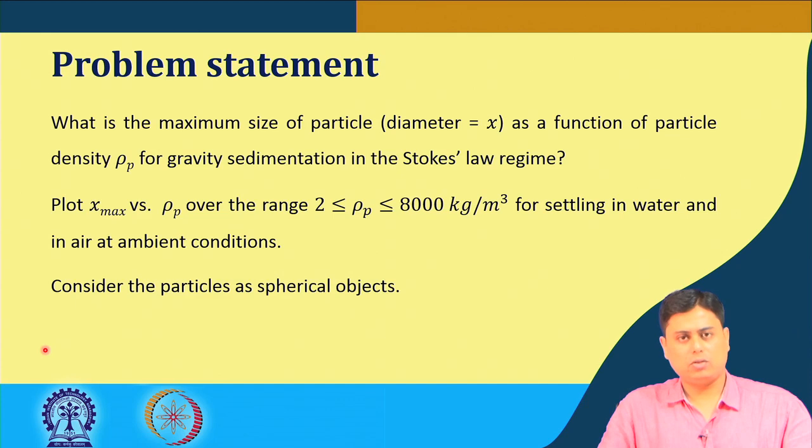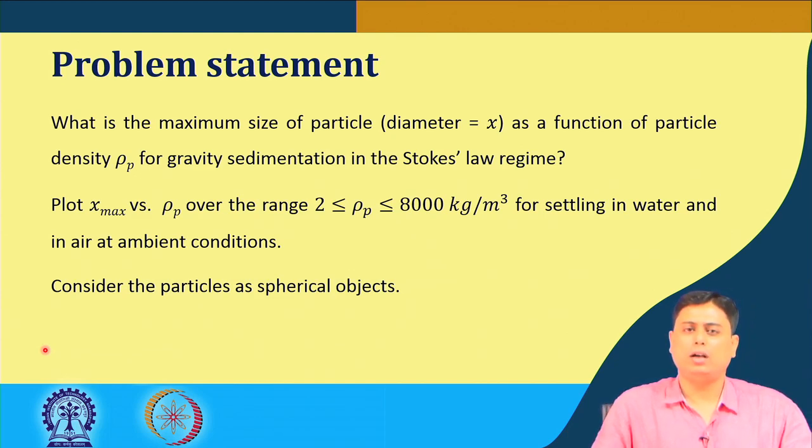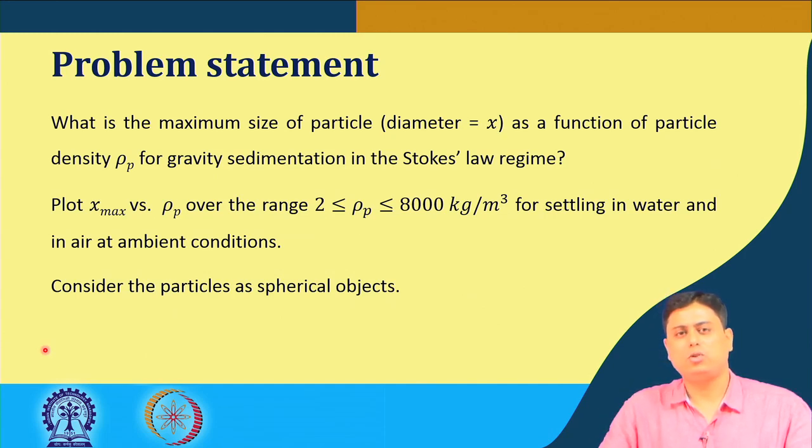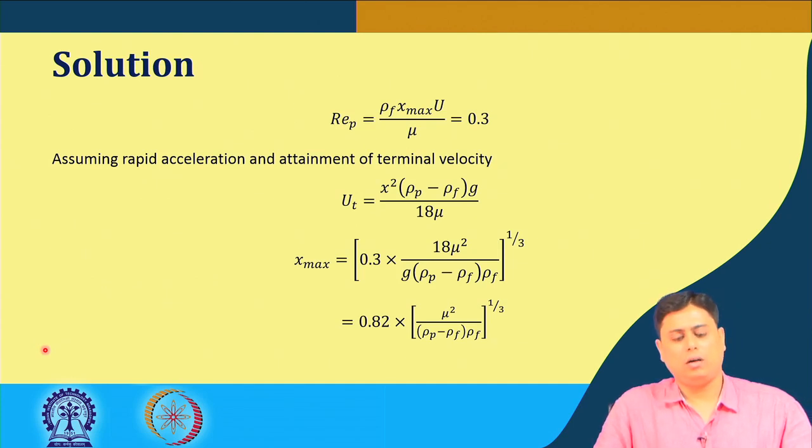The point to be noted here is that, again let me remind you, the critical Reynolds number until which Stokes law is valid is that the particle Reynolds number has to be less than or equal to 0.3. So we have to equate the Reynolds number of this unknown diameter of the particle with 0.3.